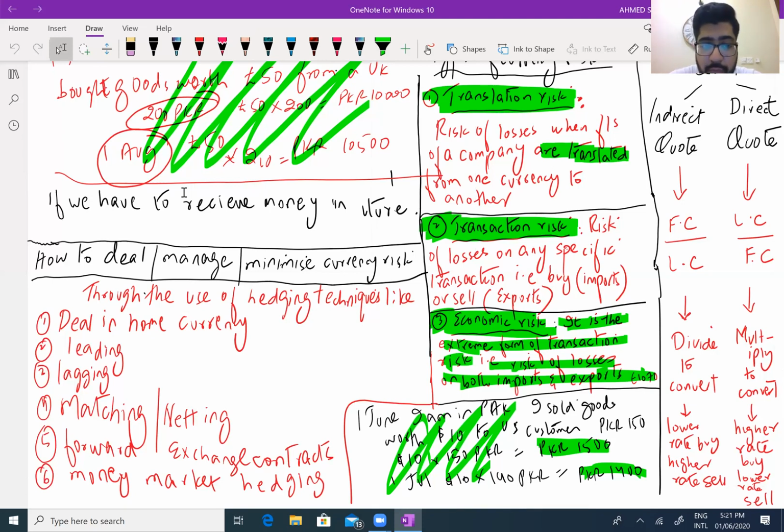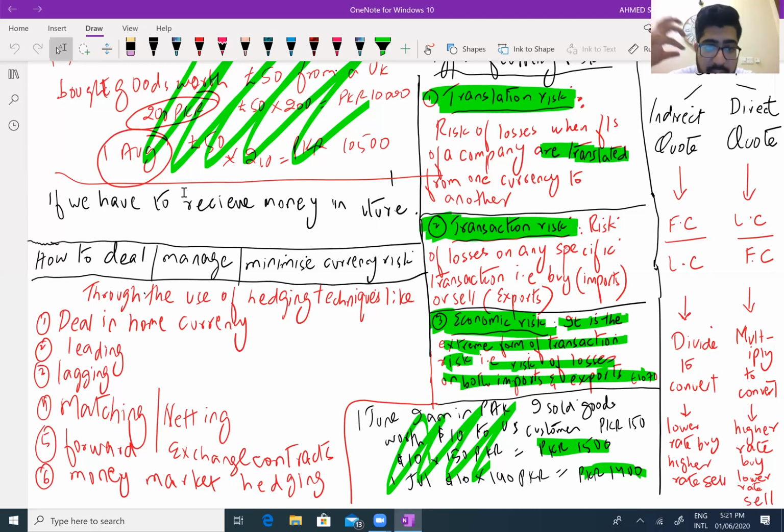Go ahead now. We have to study the three types of currency risk, and how to deal with, manage, and minimize currency risk. Now listen, this currency risk, if not managed, has the potential to significantly affect companies' profitability. Importers and exporters: let's suppose importers have to pay something and the rates go up, they suffer loss.